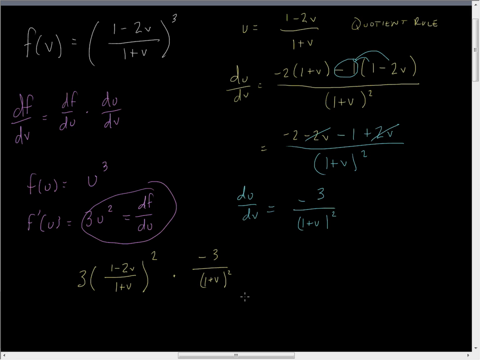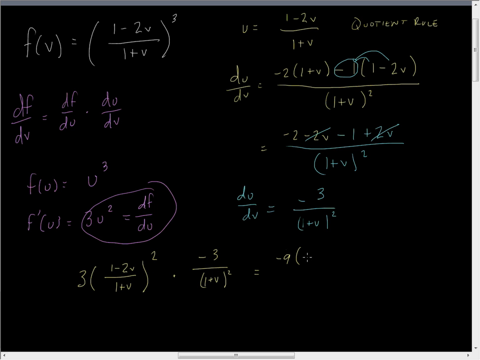And so now you can combine these two. So we're going to have 3 times negative 3, which we can combine on the top. 3 times negative 3 is a negative 9.